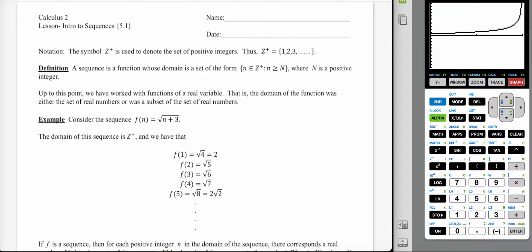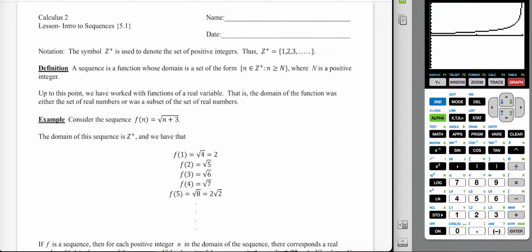There's so many things to list that if I do it now, I'm stealing my own thunder. So the definition of a sequence is a function whose domain is a set in the form of n belonging to the set of positive integers, or n is greater than or equal to n, where n is a positive integer. Up to this point, we have worked with functions of a real variable.